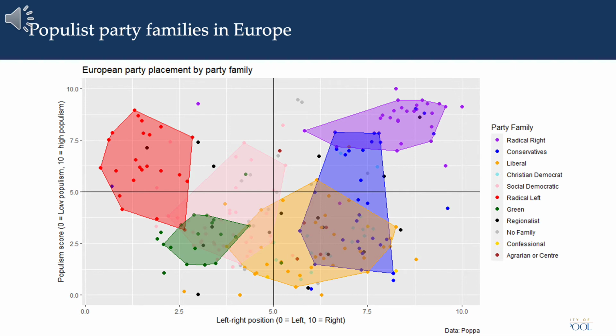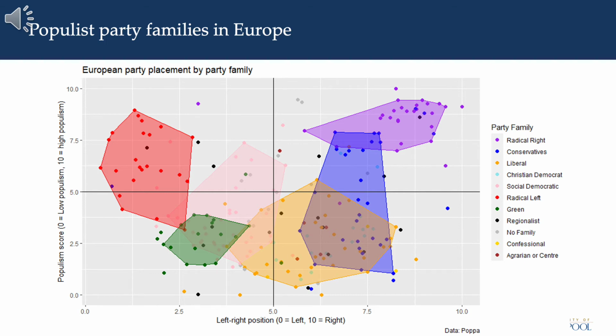This draws on data from the Popper dataset. And what it does essentially, again, this is using the ideational approach. Most of these types of data sets will do that because it's much easier to measure than the other subsets, and it's also just more popular. Now what this shows is European political parties on the left-right position and scored in terms of populism.